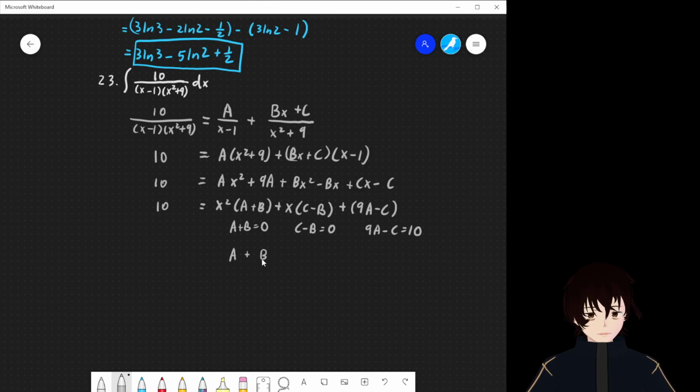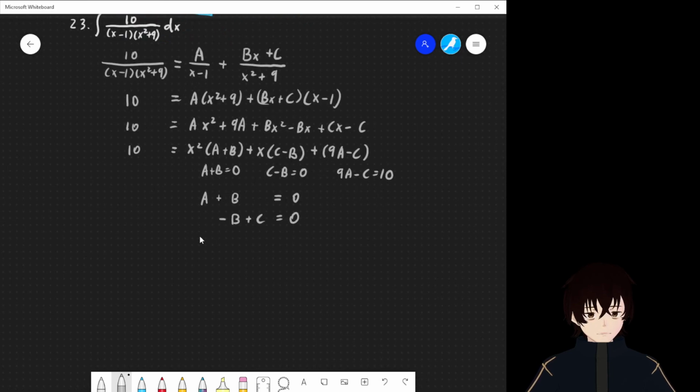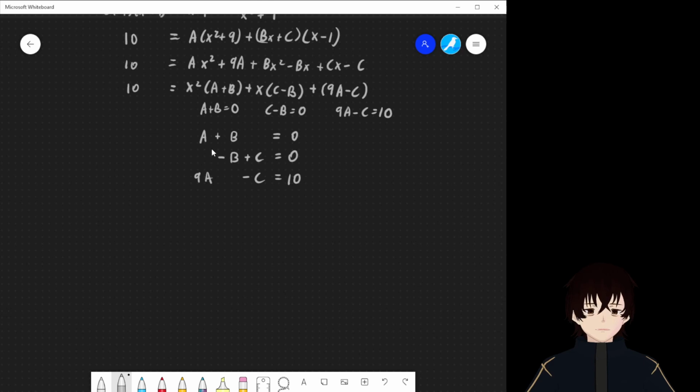A plus B equals 0. Negative B plus C equals 0. 9A minus C equals 10. I don't like this system of equations. Add the first and second equations together.